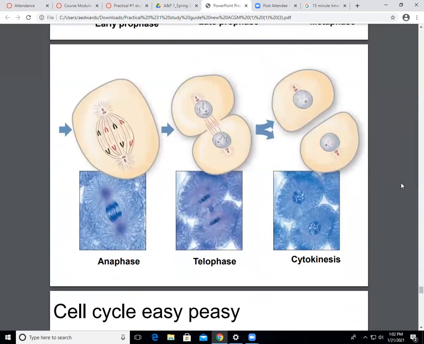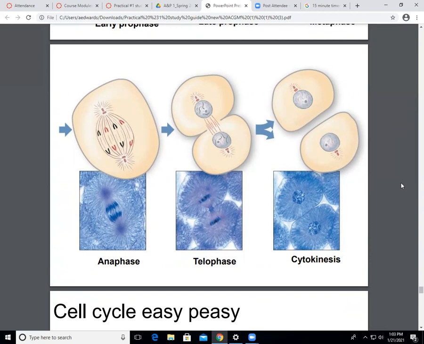Anaphase. So we hit metaphase, now we're at anaphase. In anaphase, the sister chromatids of the chromosomes start coming apart. So the chromosomes split, and you have two copies.